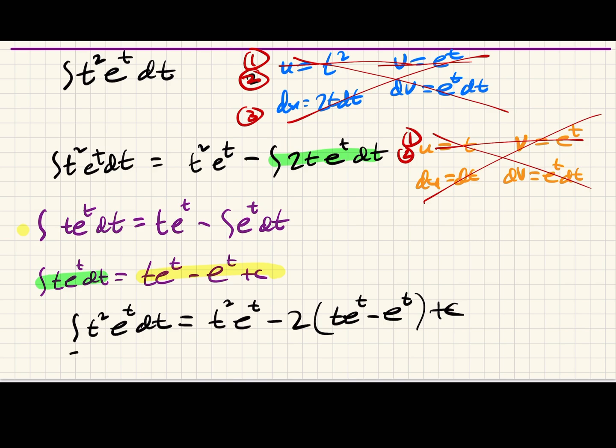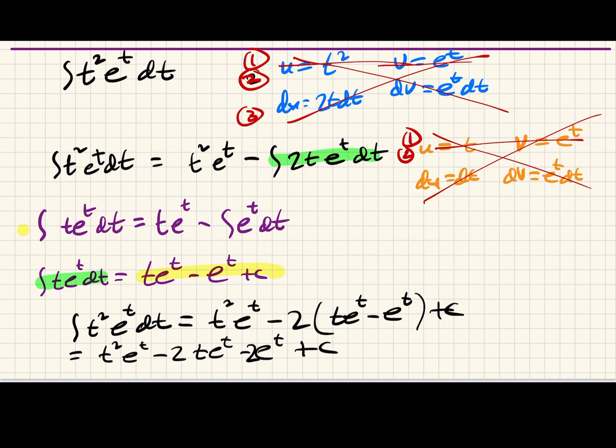So what do we have? We have t square e to the t minus 2t e to the t minus e to the t plus c. Two. Yes, thank you. You could take an e to the t out of that, couldn't you?